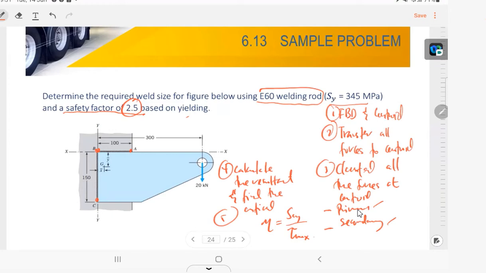Is there primary, and if so, what types of primary? Axial or shear, then secondary, bending or torsion. Okay. Then combine to get the resultant force, and then identify the critical.